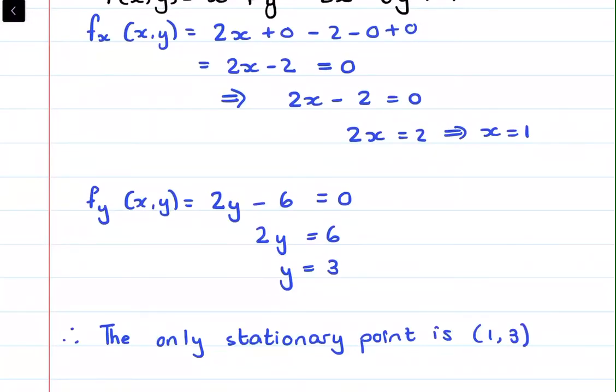If we compare it with the language that we used in single variables, we would say that it has a critical point at (1, 3). The value is then f evaluated at (1, 3), which you can plug into the formula.